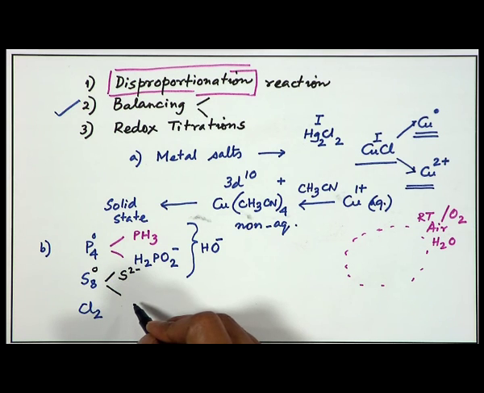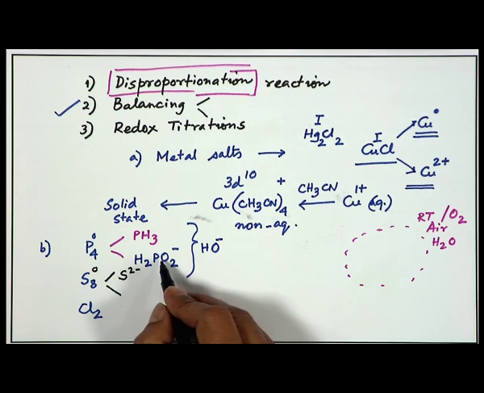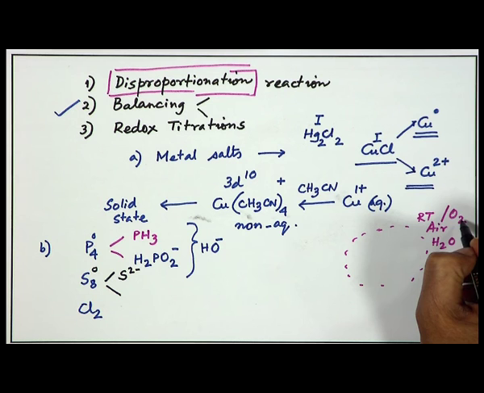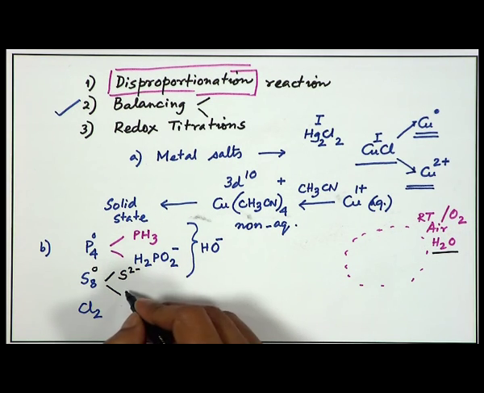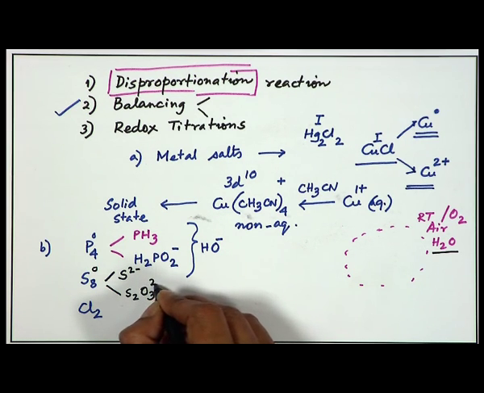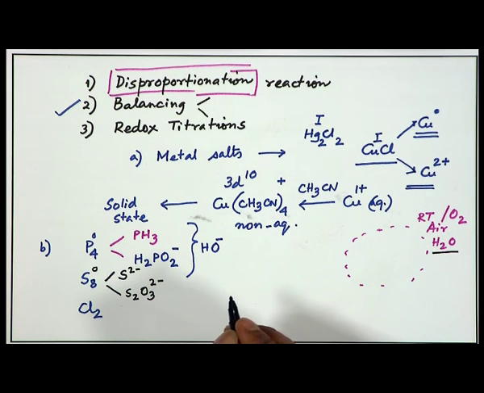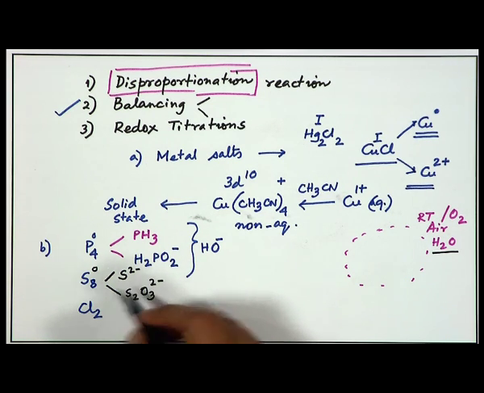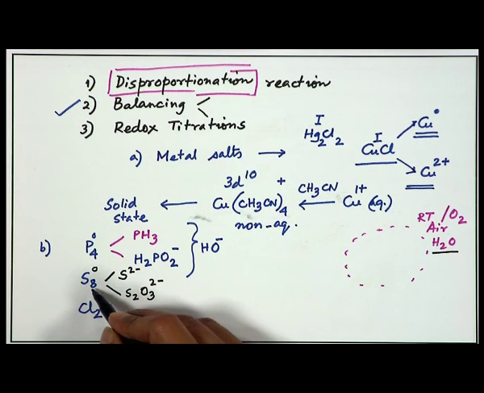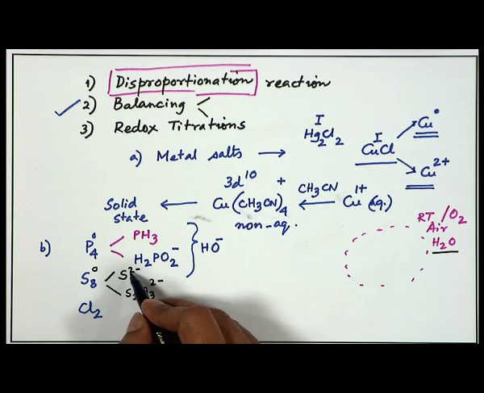For the oxidized form, we attach oxygen, because oxygen is available from the reaction medium in presence of moisture like water. So, a species containing sulfur-oxygen bonds, and in this example S2O3 2 minus, the thiosulfate anion, is the corresponding oxidized form of elemental sulfur, while the reduced version is the sulfide ion.